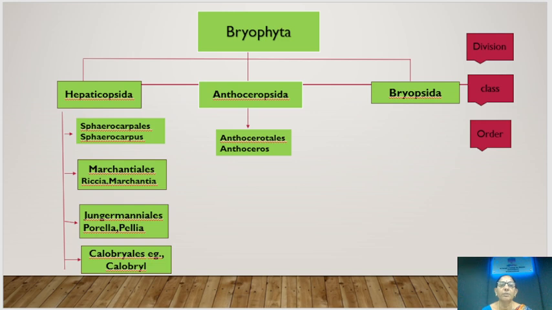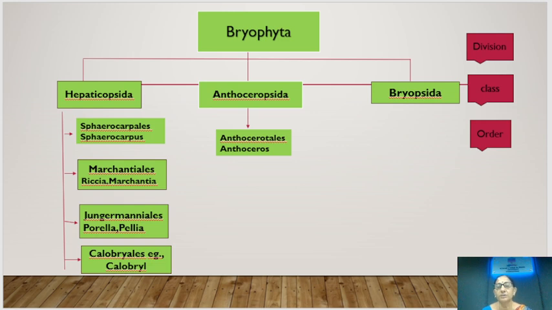The Hepaticopsida class is divided into four orders. The first is Sphaerocarpales, and the example for this is Sphaerocarpos. The second order is Marchantiales, and Riccia and Marchantia are the examples. The third order is Jungermanniales, and the examples are Porella and Pellia, and the fourth order is Calobryales, and the example for this is Calobryum.